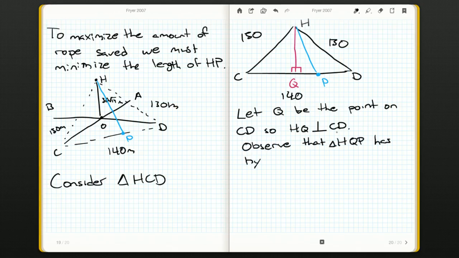So notice that no matter where P is, HQ and P are going to form a right angle triangle, and that HP will be the hypotenuse.